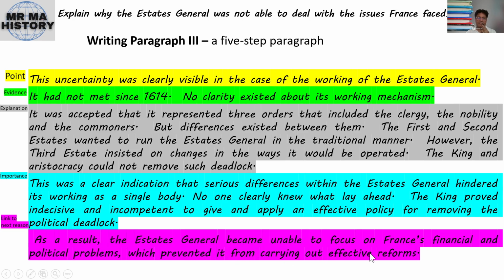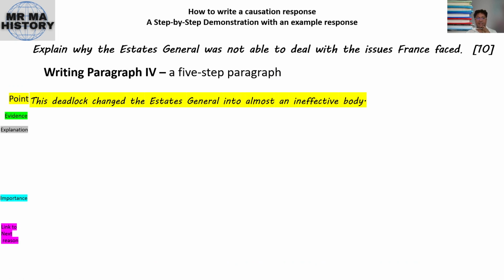So that means it was no longer an effective body. And so this is what I have linked with the next reason, that this deadlock changed the Estates General into almost an ineffective body. So this is how one paragraph is linked up with the next.